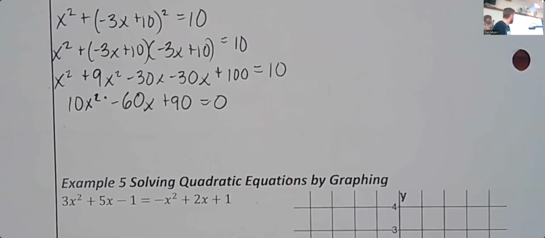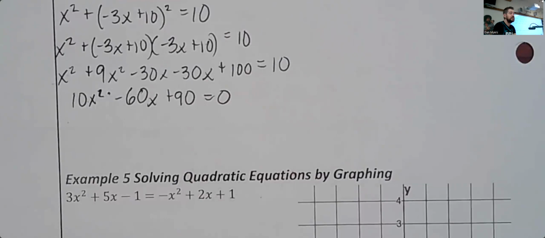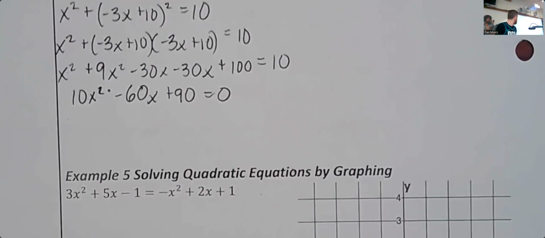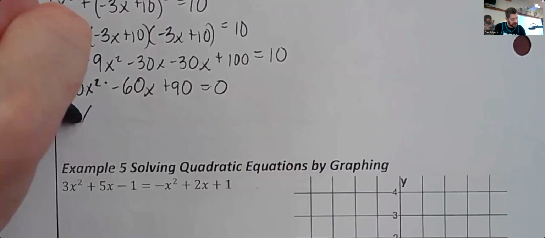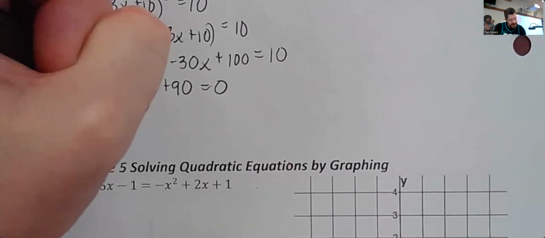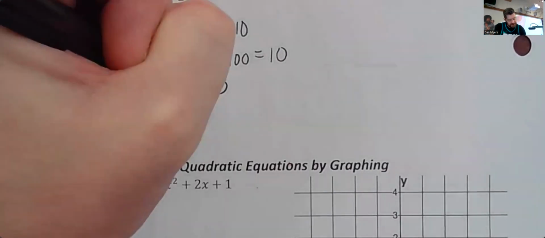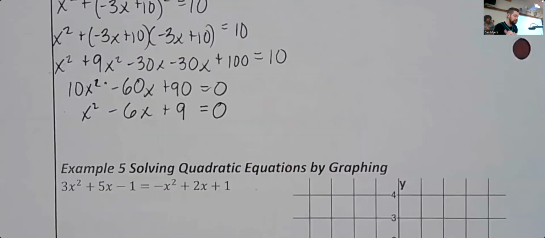Now, we might end up just using the quadratic formula, but before we do that, everything here is divisible by what? 10, yeah. So let's divide everything on both sides by 10, just to reduce the size of the values here. So that'll be x squared minus 6x plus 9 equals 0.